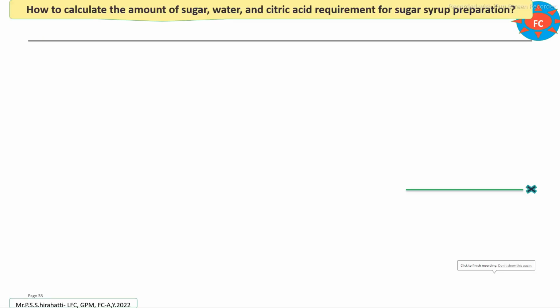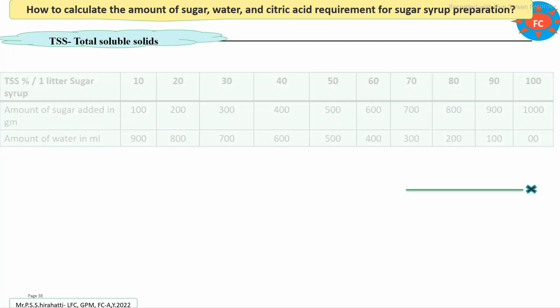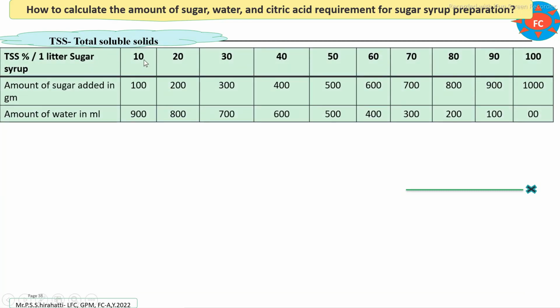How much quantity of sugar, water and citric acid is required to prepare the perfect sugar syrup? As per our requirement of total soluble solids in the sugar syrup, the main calculation you can see in this table.